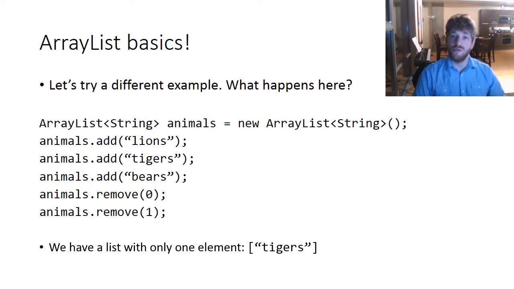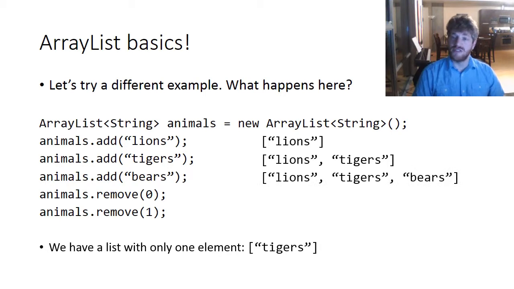First, we make the new array list, and it's empty. Then we add lions. Then we add tigers, which gives us lions and tigers. And then we add bears, which gives us lions, tigers, and bears. Oh my. Sorry, I couldn't resist.